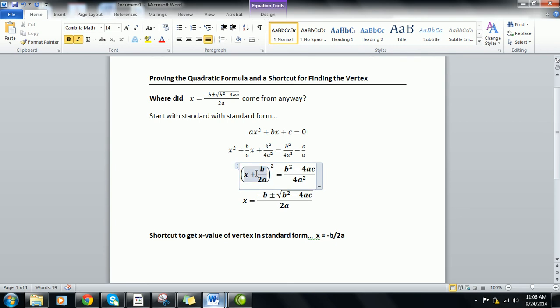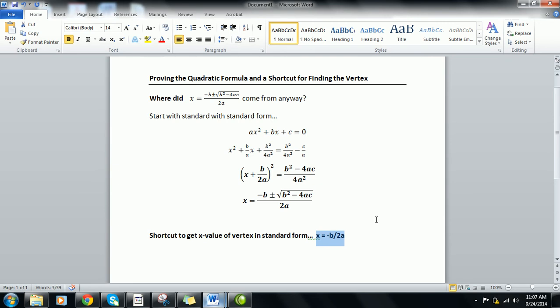We have been thinking about the graph translation theorem, and replacing an x with an x plus b over 2a results in a shift left or right, in this case left because it's x plus. Our original vertex for y equals x squared, (0, 0), gets shifted to the left by b over 2a. So the x value of our new vertex is negative b over 2a.